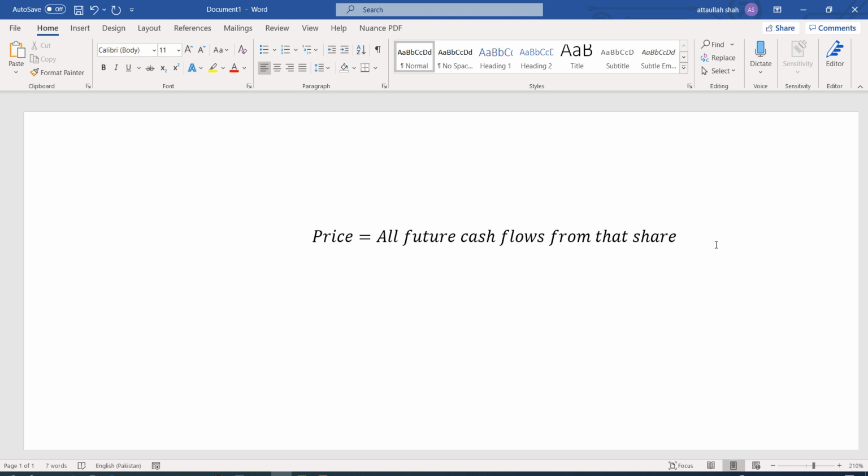And there are two problems with future cash flows. The first one is that it faces uncertainty. In other words, there is some risk associated with future cash flows. So the investor's utility function is negatively affected by risk. In simple words, investors do not prefer uncertainty.